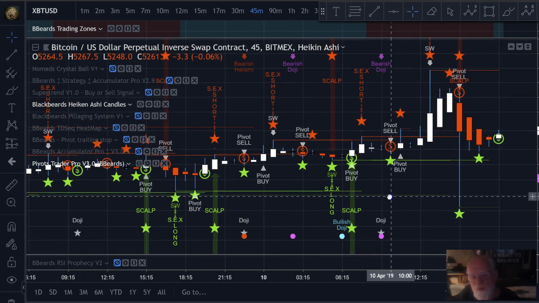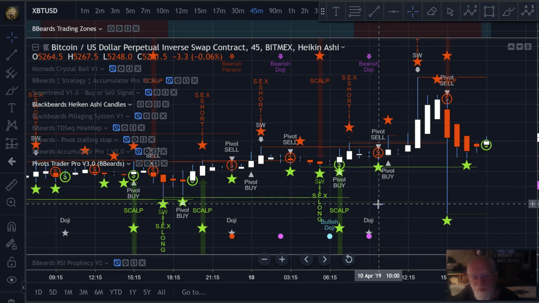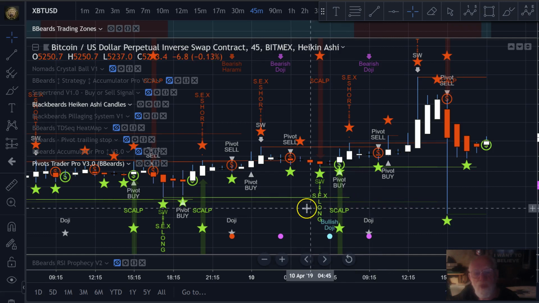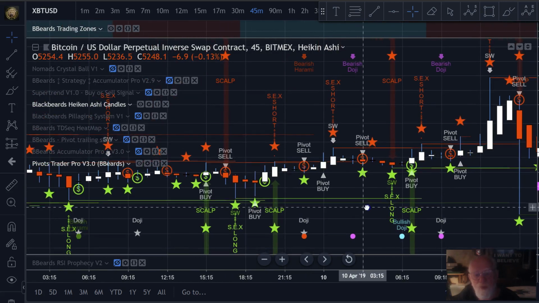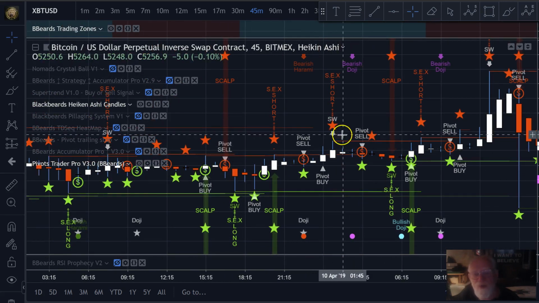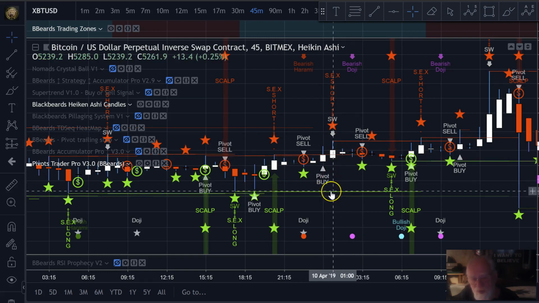But that's the start of the pivot script, and it kind of gives you a heads up about what it is. It's going to give you support and resistance lines, but these higher highs and lower lows are triggering the trend.